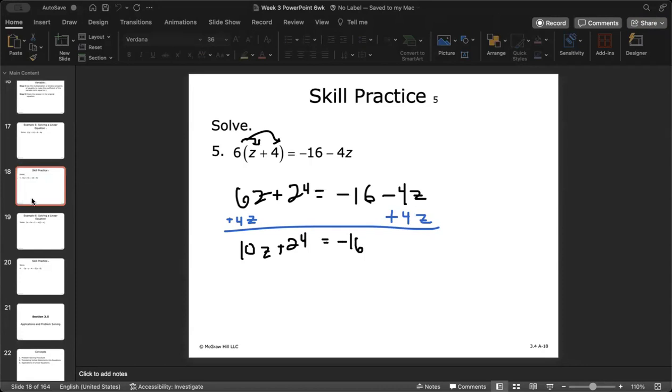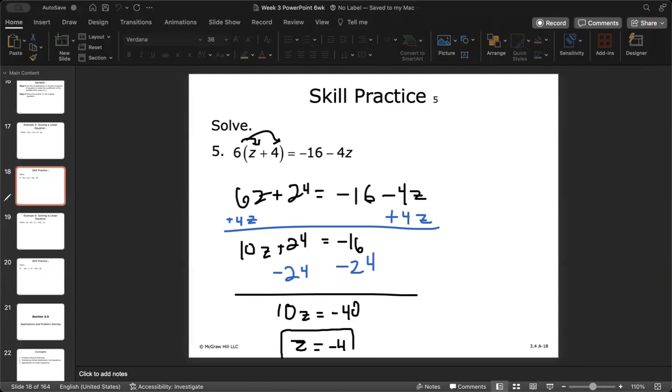Now we take that 24 there, and we do the opposite of that. We're moving it over. And when we do that subtraction, we get 10z equals negative 40. 16 minus 24 is negative 40. And so divide both sides by 10. I think you all can see that now. And that gives us negative 4.